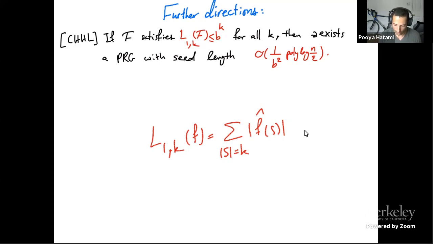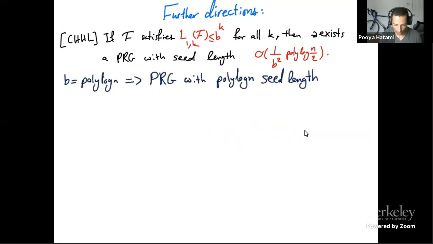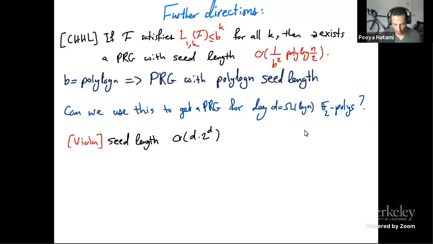And L1k here is just the sum of the absolute values of the kth level coefficients. So in particular, for any family that has b that's polylog n, you get a polylog n seed length PRG out of this.